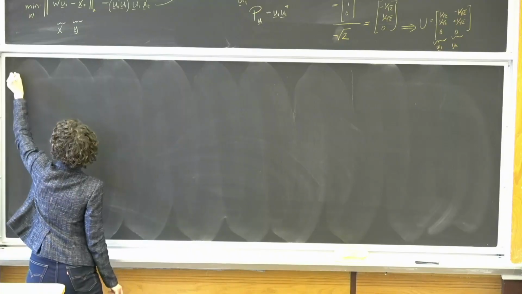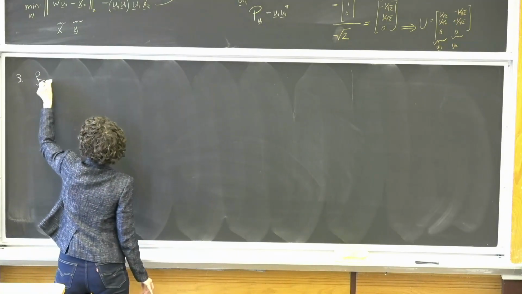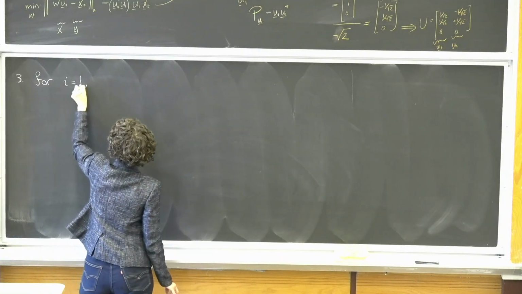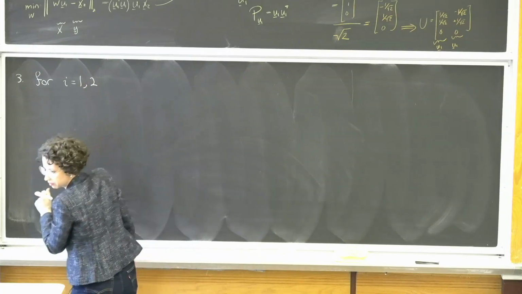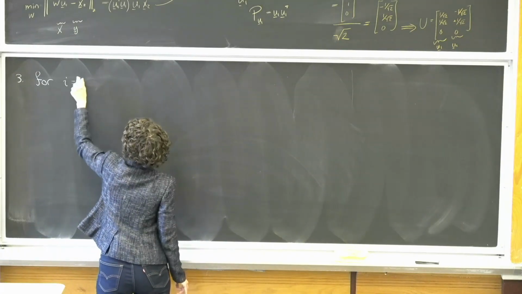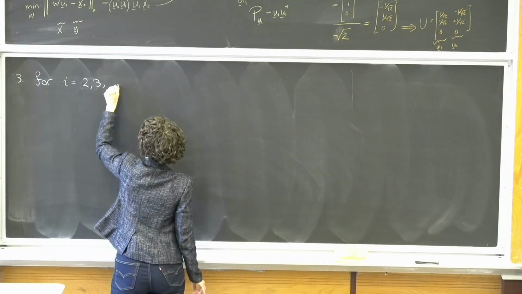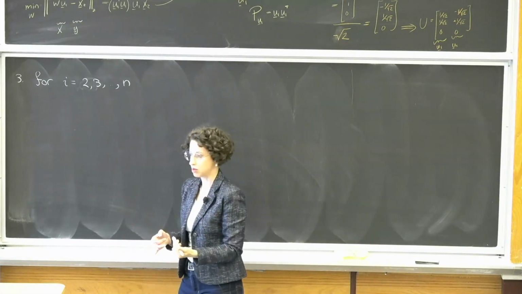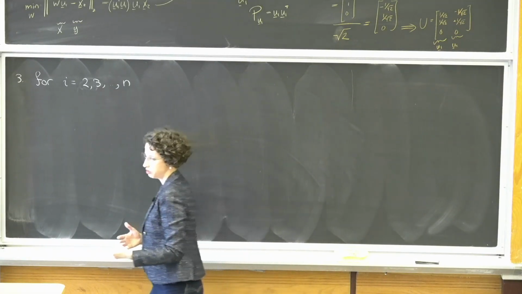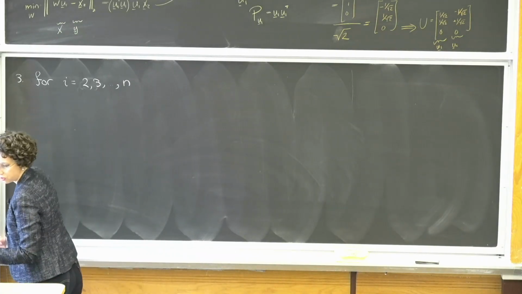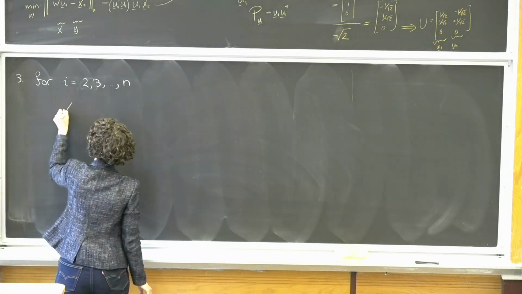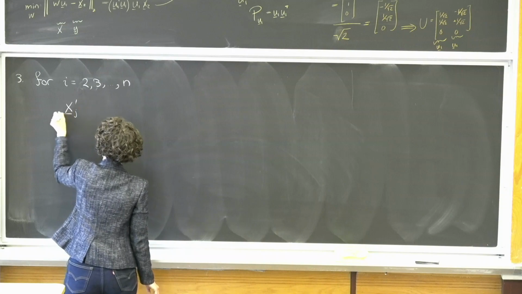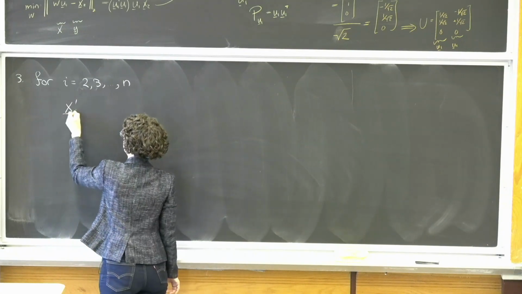Now for i equals 2, 3, all the way to n, we're going to continue going through our samples and do the following. First, we compute xi prime.